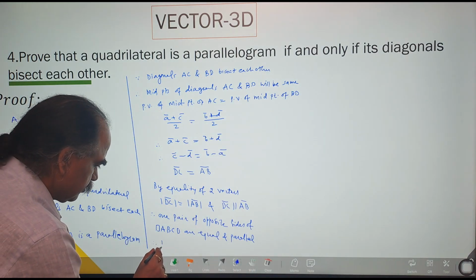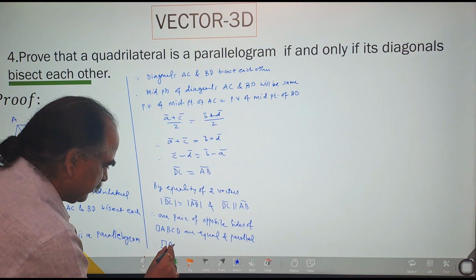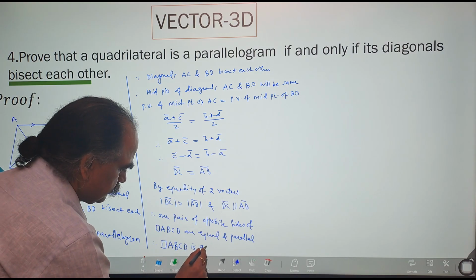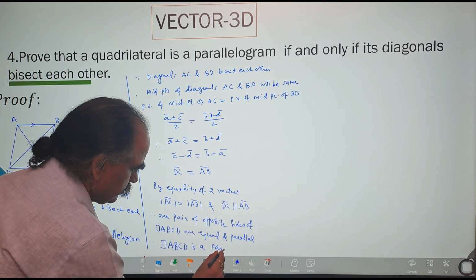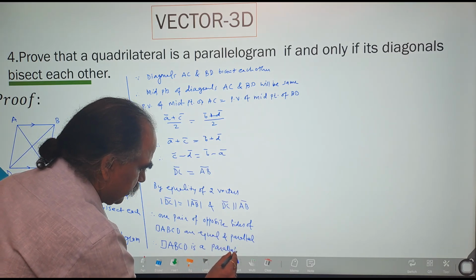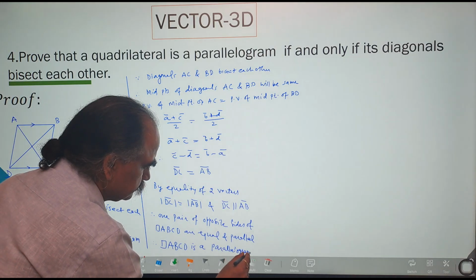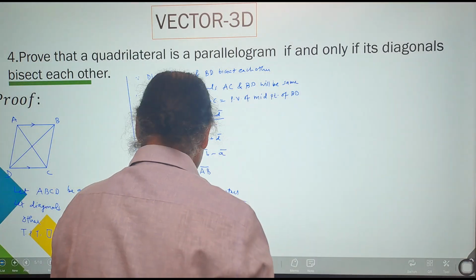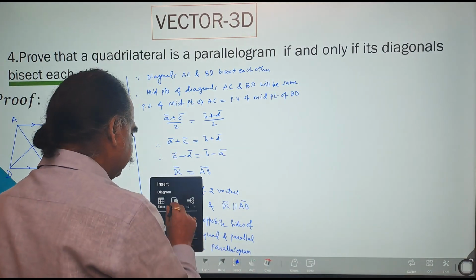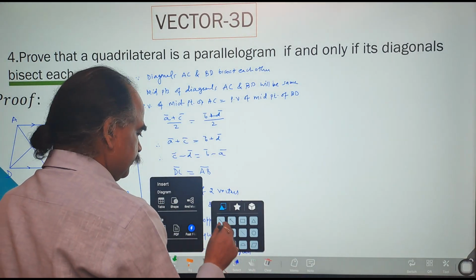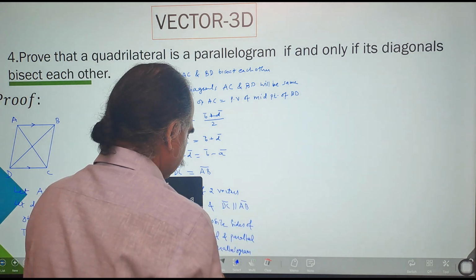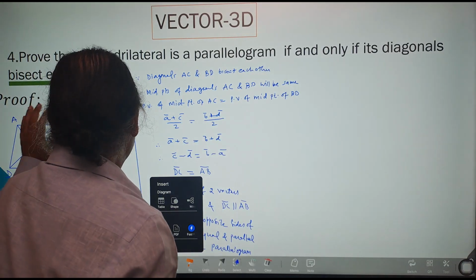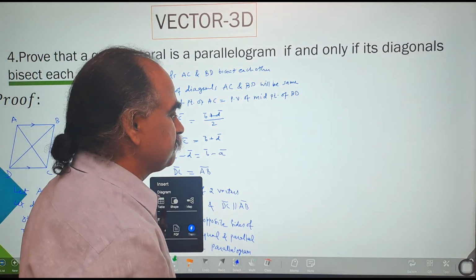Therefore, quadrilateral ABCD is a parallelogram. Now we have to prove the converse part. Converse part means if it is a parallelogram, then we have to prove diagonals bisect each other.